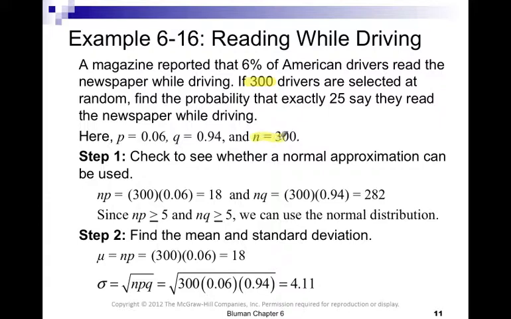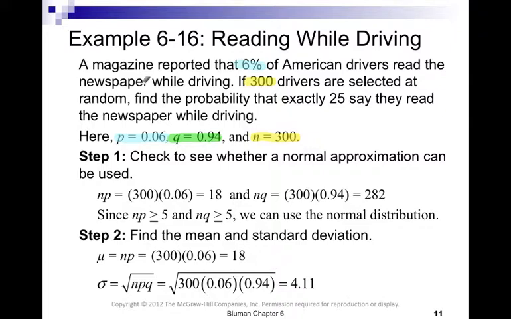If you highlight, sometimes that helps. 6% is your success, so that's your P. That means if your success is 0.06, we subtract from 1, and your failure is 0.94. So that's your Q.